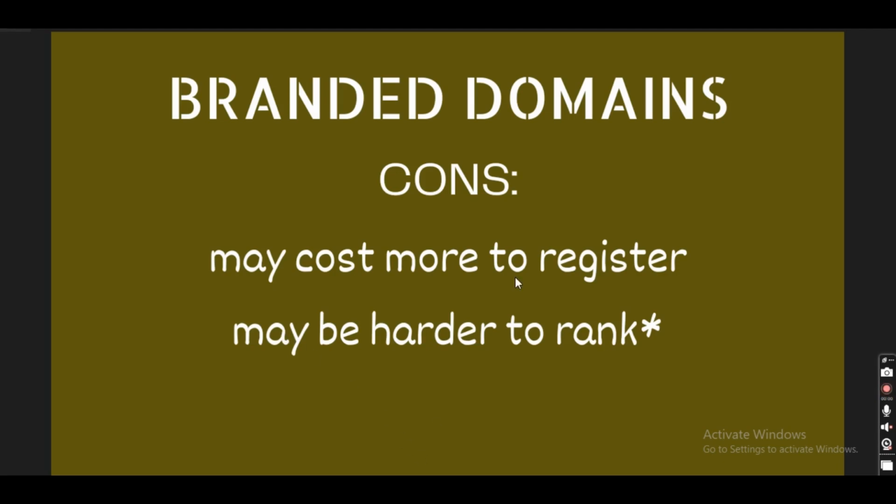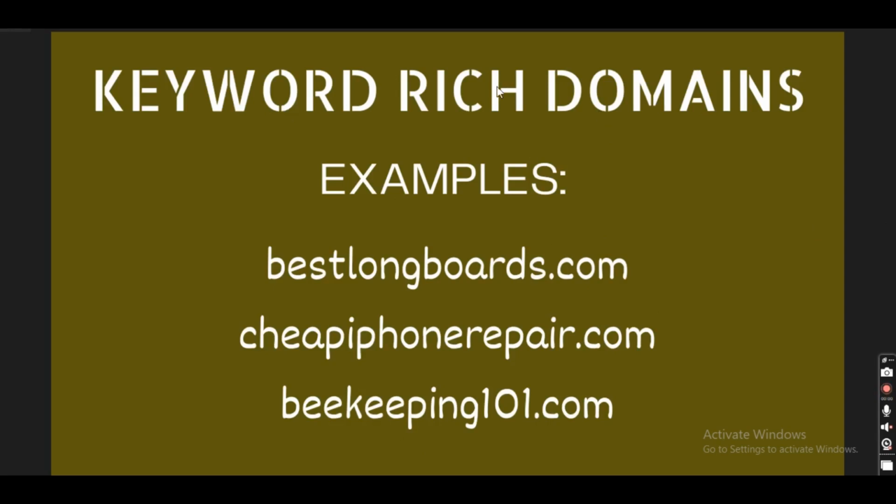Now the next type of domains we want to talk about is keyword rich domains. Keyword rich domains are ones you're already probably familiar with. Best longboards, maybe a website that reviews best longboards. Cheap iPhone repair, you can see the website is already about iPhone repair.